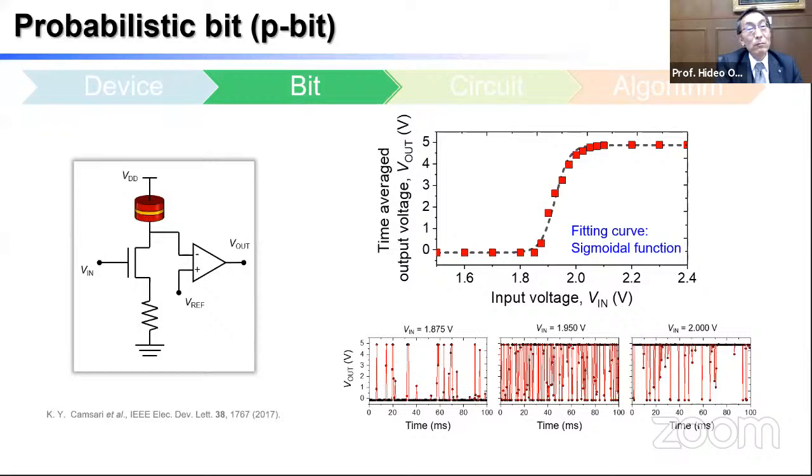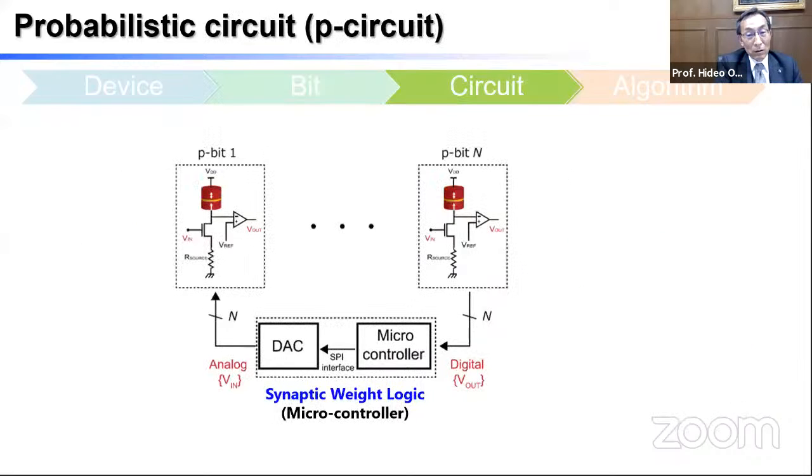So that's your p-bit. We connect these p-bits through the synaptic weight logic. Basically, it's a microcontroller, and we connected all the p-bits that we have. Actually, we made circuits with up to 8 p-bits. 8 is a small number, but I'll show you that you can actually factorize a reasonably big number.